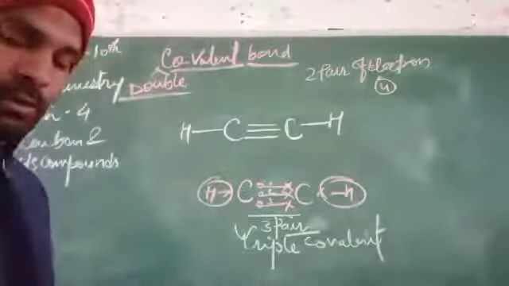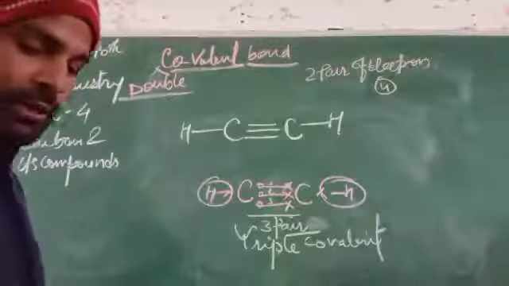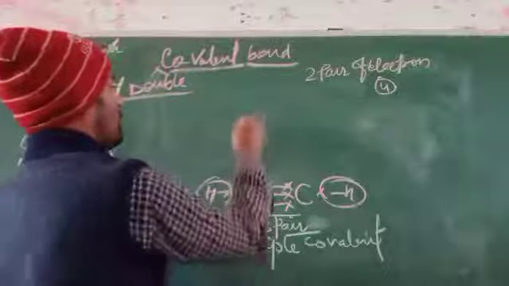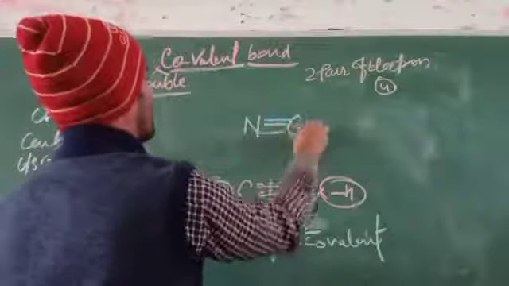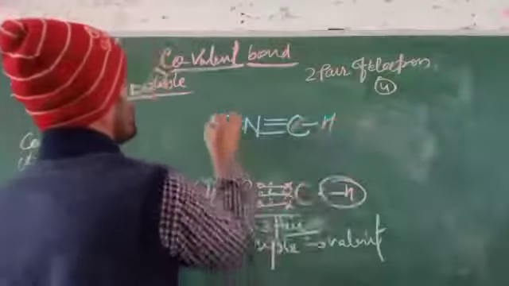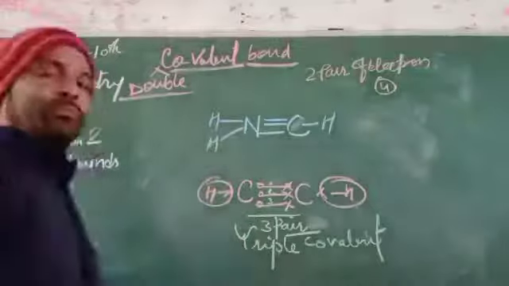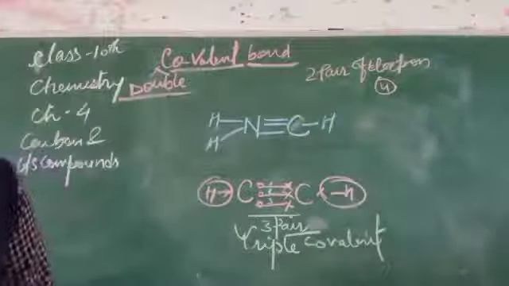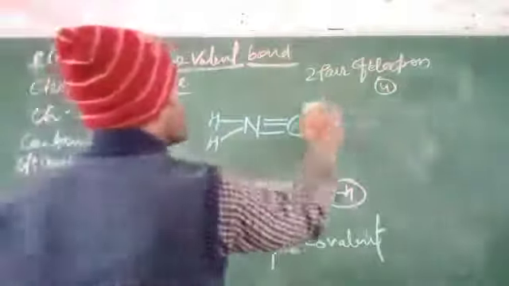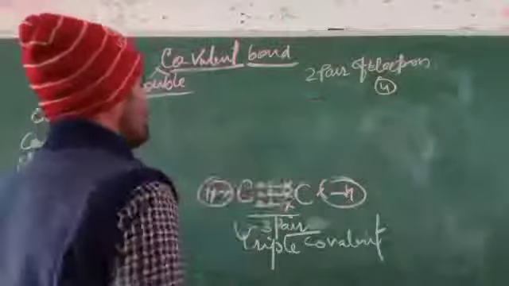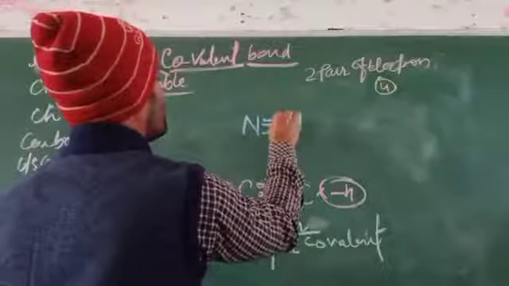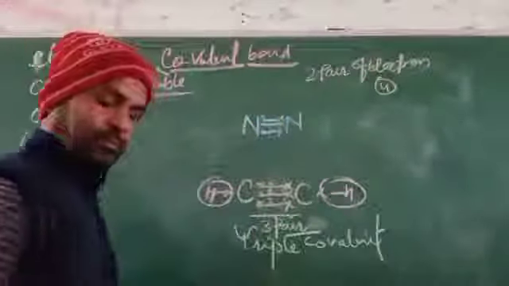Triple covalent bond. In that case, we can write nitrogen, like nitrogen and N as well, having 3, 1, 2, 3, 1, 2, 3.